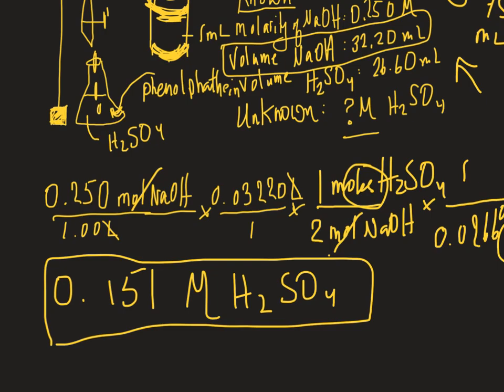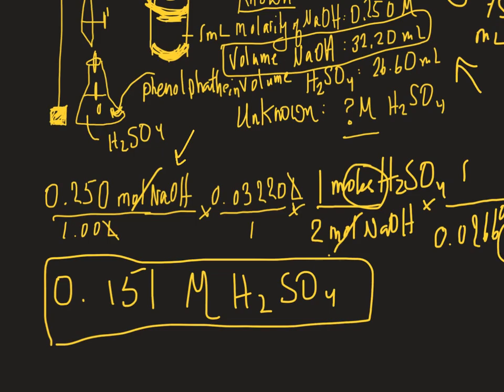You always start with your standard solution, breaking down its molarity into moles per liter as we did in step 1. Step 2, you multiply by the volume you added so that you are determining the moles of standard. Step 3, look again at the balanced chemical equation to see if it is a 1-to-1 ratio, a 1-to-2, 2-to-1, who knows.